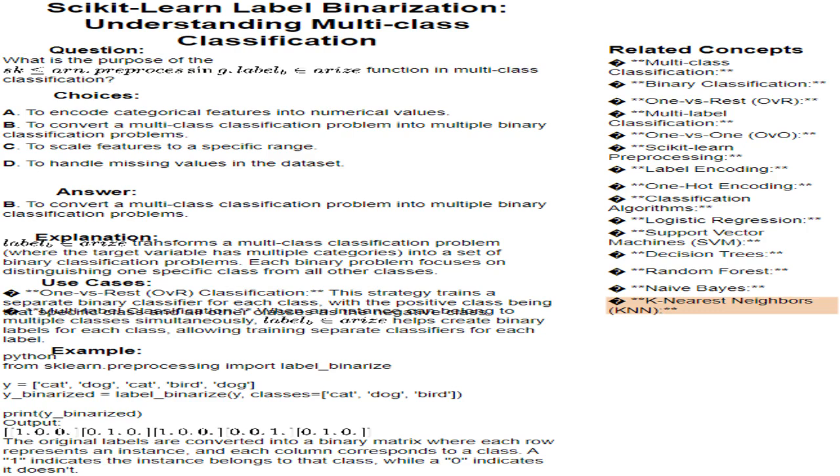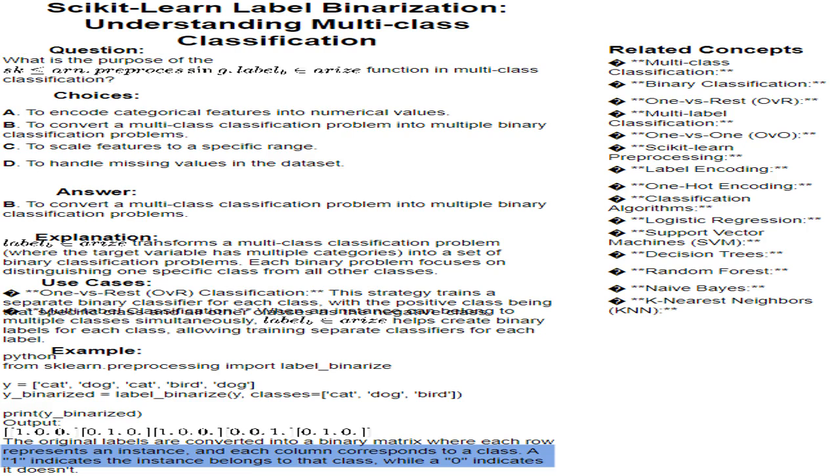Python. from sklearn.preprocessing import label_binarize. Labels: cat, dog, cat, bird, dog. binarized = label_binarize(labels, classes=[cat, dog, bird]). print(binarized). The output is 1 0 0, 0 1 0, 1 0 0, 0 0 1, 0 1 0.